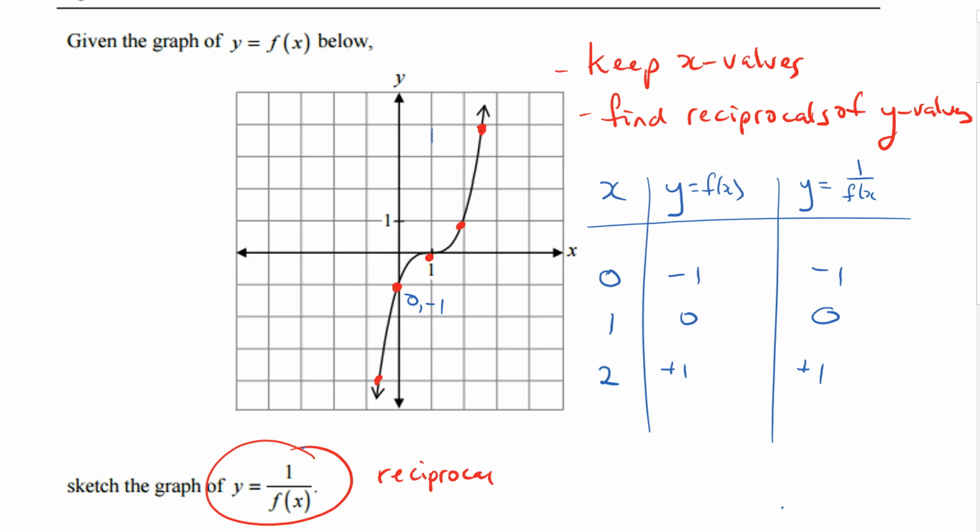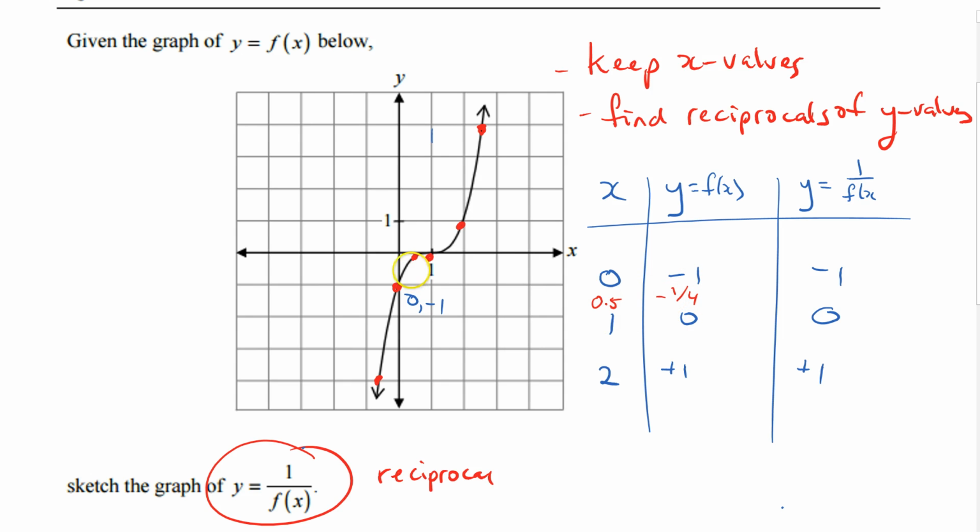Now, what makes things different, however, is let's say if we picked a point over here. Okay, so maybe I'll pick it at, what would that value be? Maybe for x, maybe 0.5. In my original function, I might get something like, I don't know, 1/4.